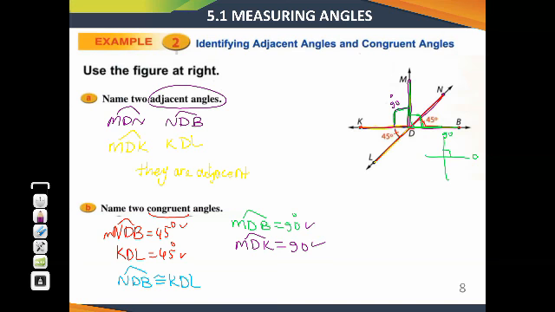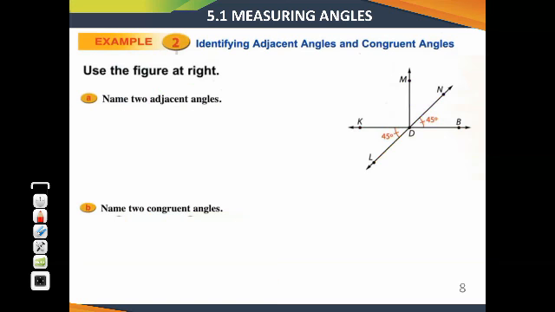As I told you, if you have the same measure, it means they are congruent. So we can say measure of angle MDB and angle MDK are congruent. This is equal and this is congruent. This is what adjacent and congruent angles are.